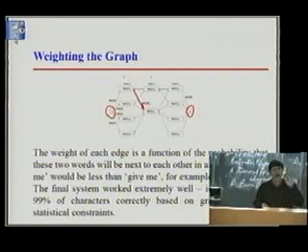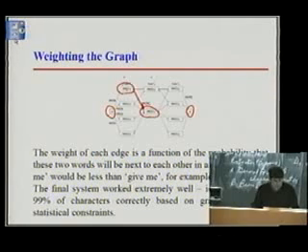Maybe we could analyze a dictionary or all the text that's on the internet or something like this to figure out, for every pair of words, how happy they are being next to each other. If we have a popular word here and a popular word here such that both occur in the news a lot, that should be given a low cost.